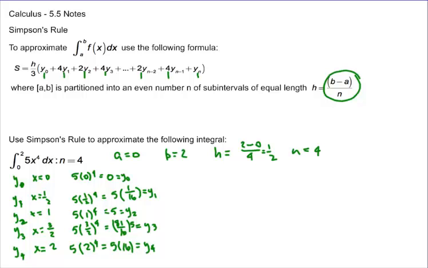So you're going to have, let's go with a big S here.